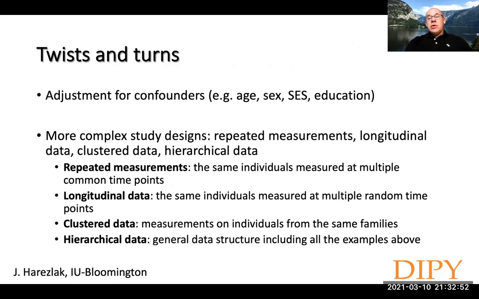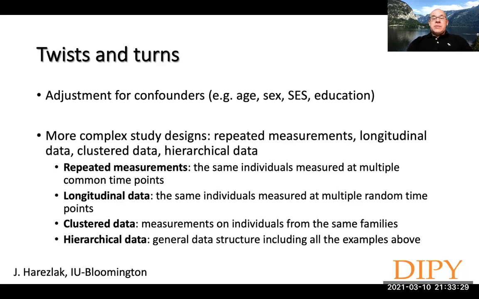So we all wish life was simple, but unfortunately we have to deal with some twists and turns in the analysis. For example, we might want to adjust for confounders, for example, age, sex, socioeconomic status, education, or many other things we might want to adjust for. This is usually not a big problem in the statistical analysis, and both simple linear regression and logistic regression can incorporate such adjustments.